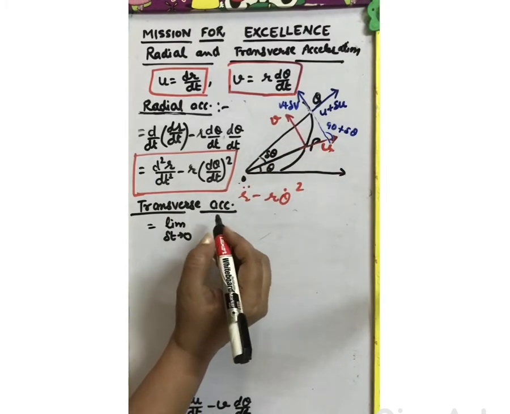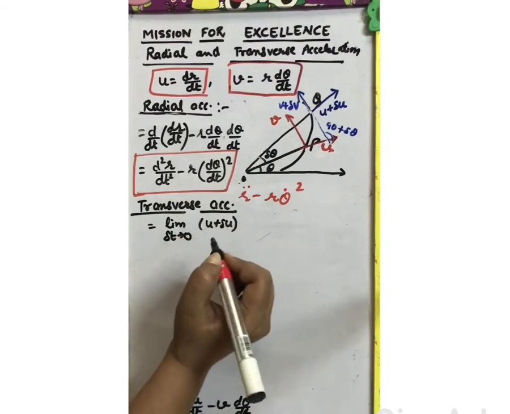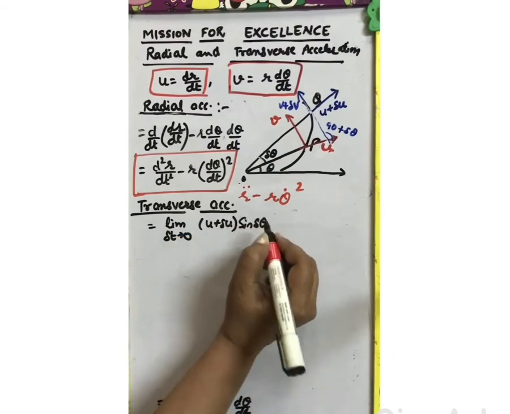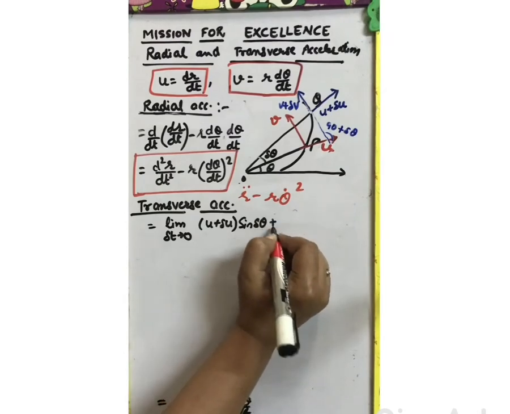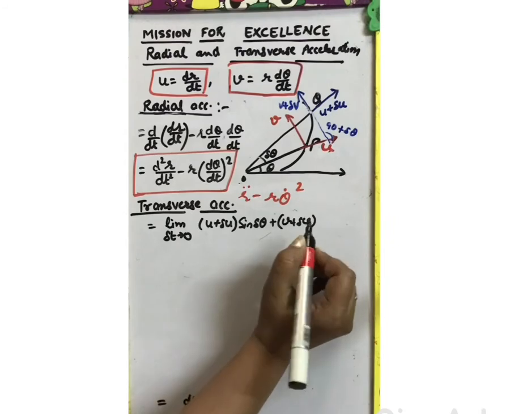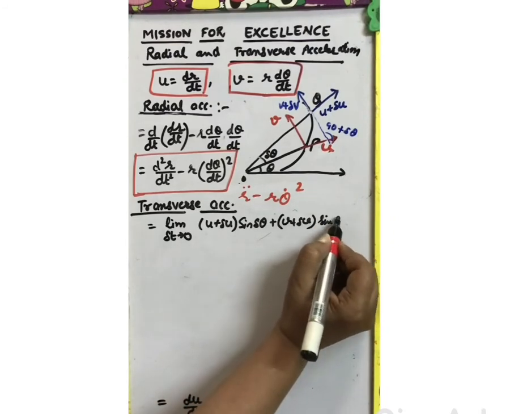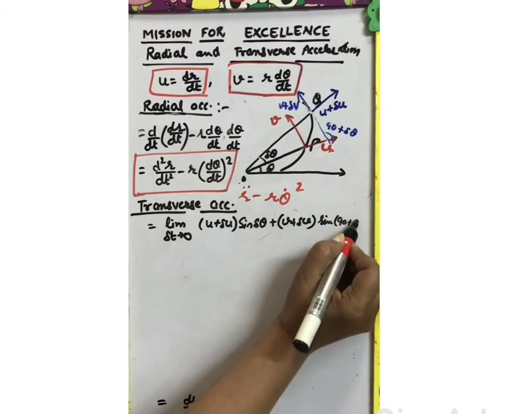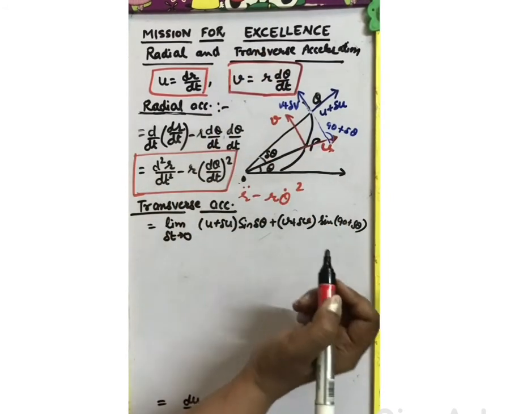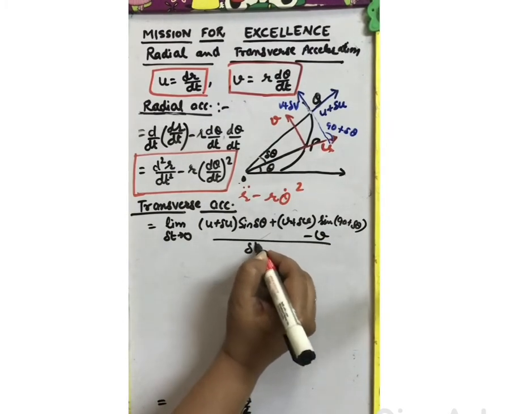So we will take here (u plus delta u). Instead of cos we will take now sine, so sine delta theta, plus (v plus delta v) sine (90 plus delta theta), and in the direction of v the only initial velocity was v by delta t.